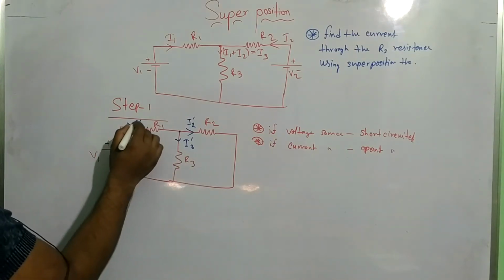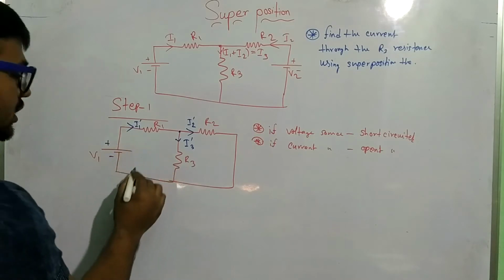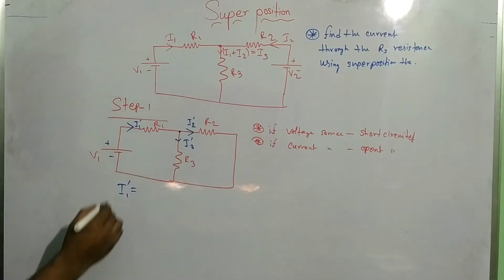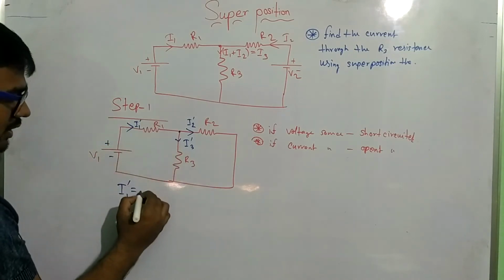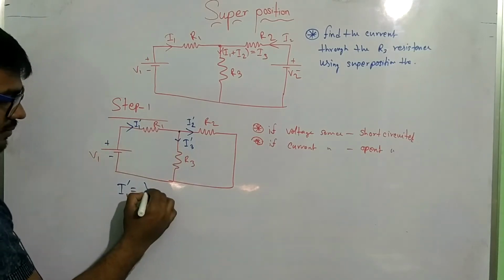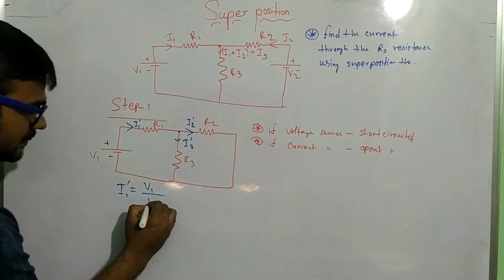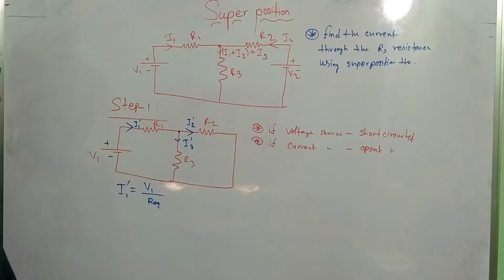Now I am finding I1 dash. So what is I1 dash? I1 dash equals supply voltage V1 by equivalent resistance R equivalent.